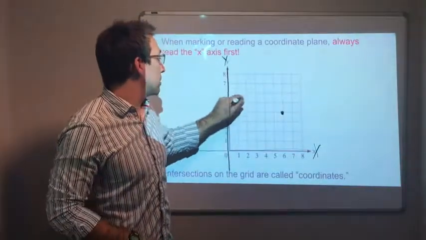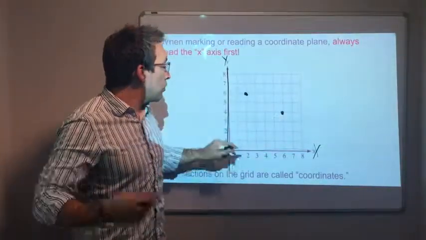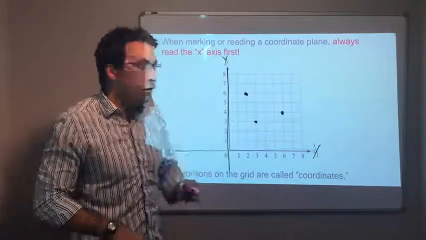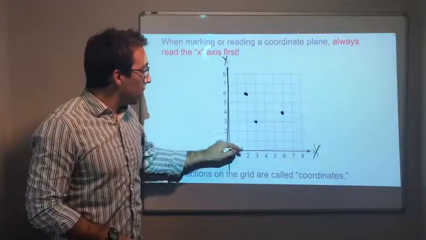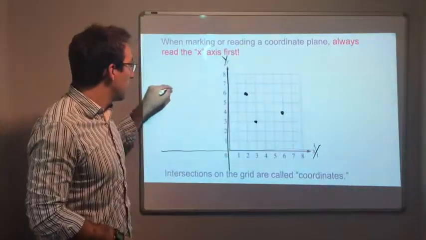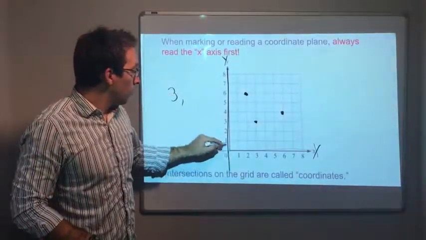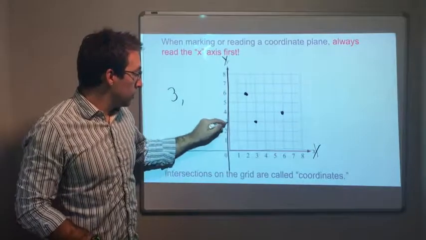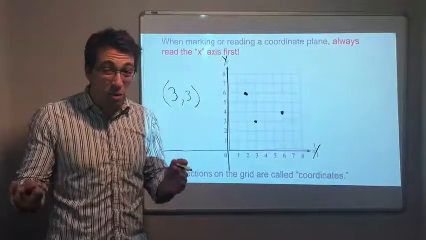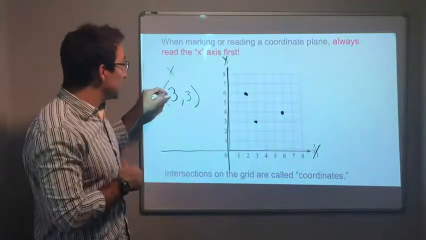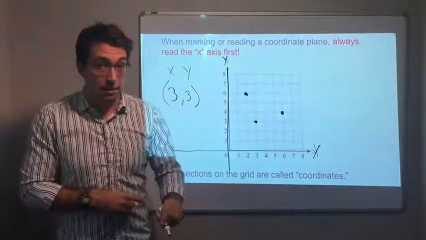When we read the x-axis first, let me show you. This spot right here, we read 1, 2, 3, and 1, 2, 3. So 3, 3. That's what I mean. The x-axis comes first and then the y-axis.